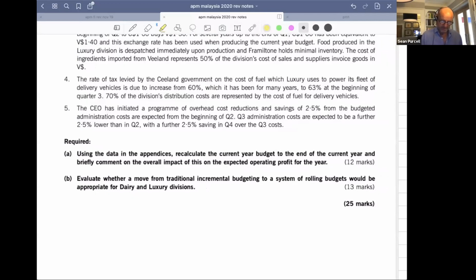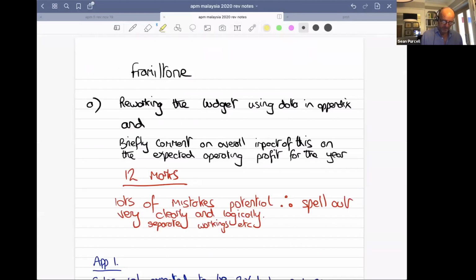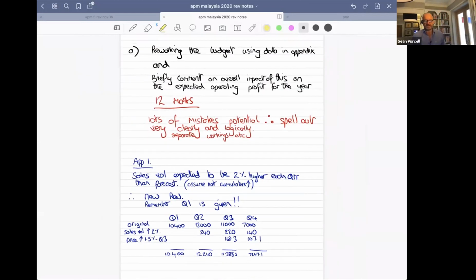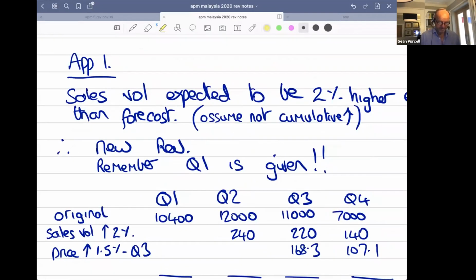Just to show you, there's a lot of mistake potential in reworking the budget. So you must do it like you're talking to a 5-year-old, so that the opportunity for the own figure rule to be applied is very much there. I spell it out really: sales volume goes up 2%, price goes up 1.5% in Q3.